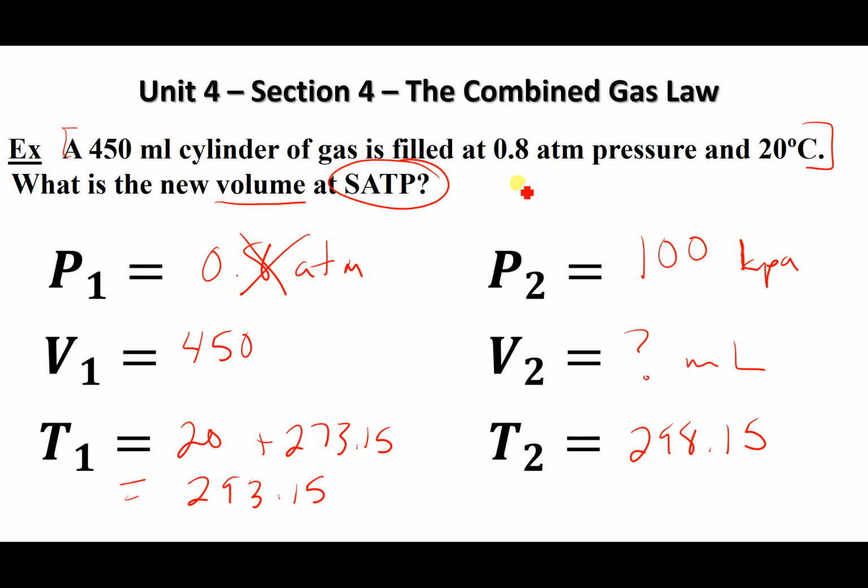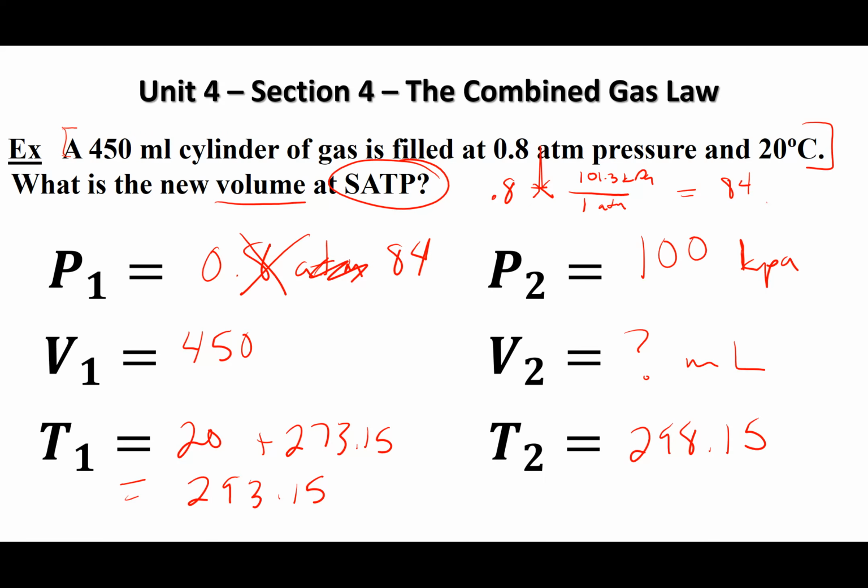I'm going to have to do it right up here at the top. So we've got 0.8 times, let's put 1 atmosphere on the bottom and 101.3 kilopascals up top, and that's going to work out to, I think, a little more than 84. So we're going to have 84 kilopascals here.